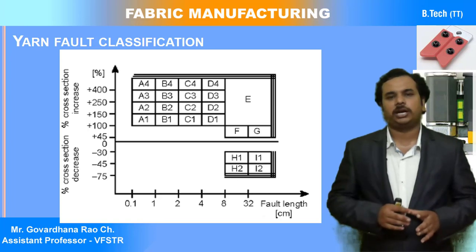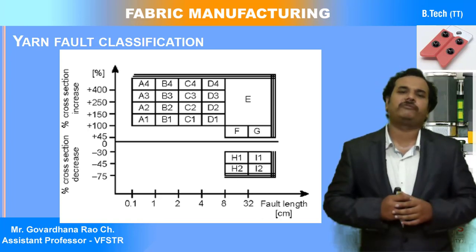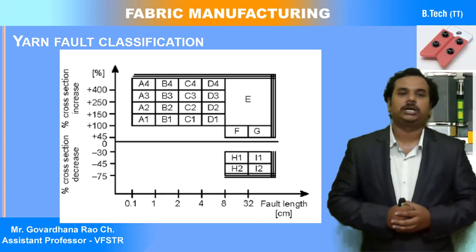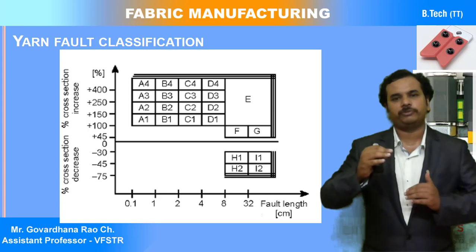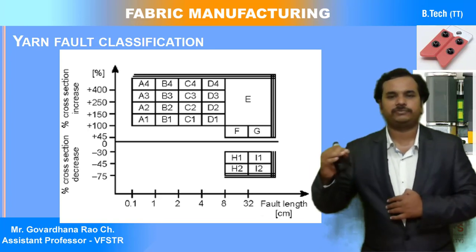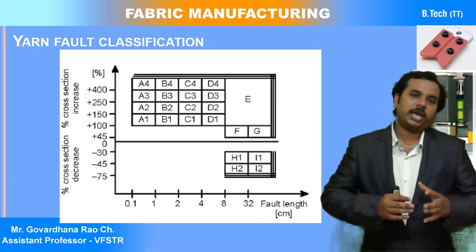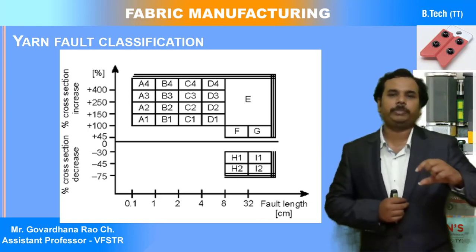You can observe that a total of 23 faults are shown in the graph. Now you can see A1 to A4, B1 to B4, C1 to C4, D1 to D4, E, F, G. Now the A1 fault is a short thick place.